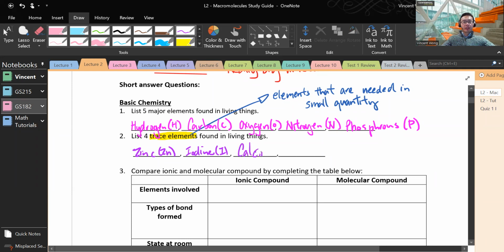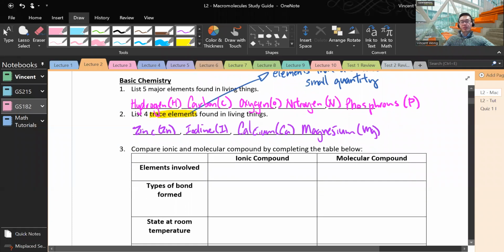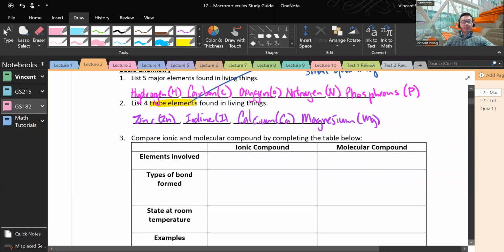Calcium is another one, very good. Okay, and magnesium. That's right. Of course, there are other trace elements. Iron, for example, that's another one. Potassium. So all these things are trace elements. Next one.